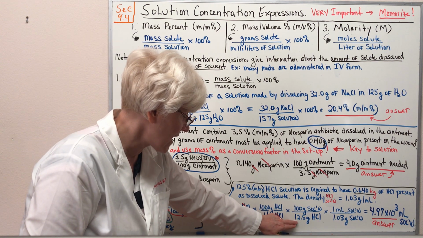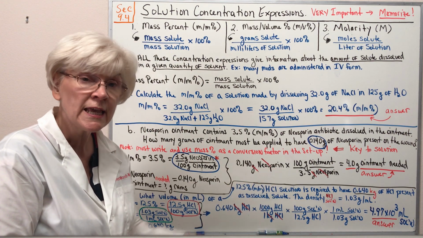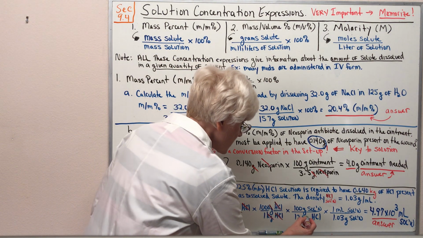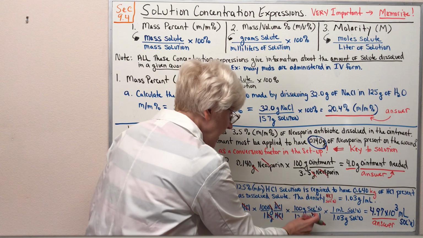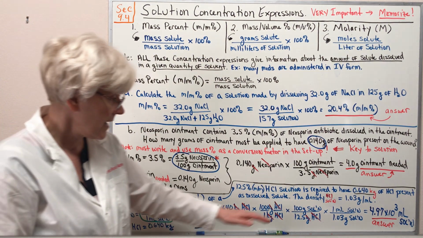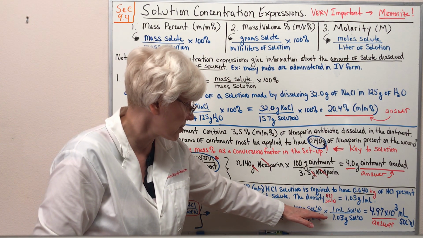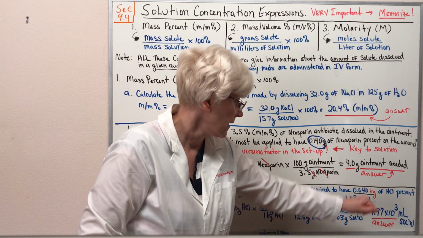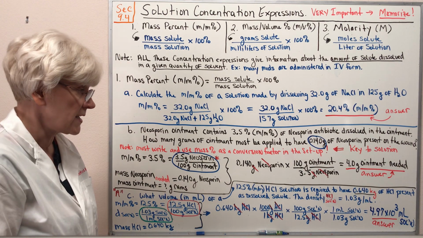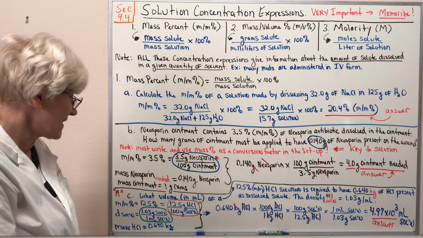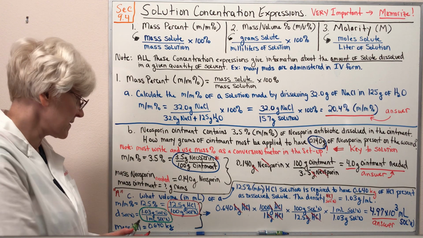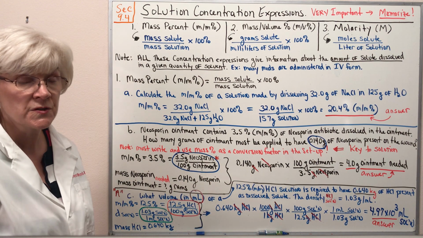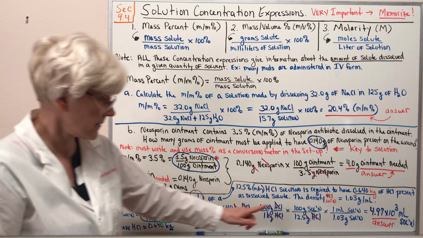So here is the mass percent written in its inverted or flipped form. Grams of HCl canceling, and I have just calculated how many grams of solution contains 0.640 kilograms of HCl. But I did not ask for grams of solution. I asked for a volume of solution in milliliters.